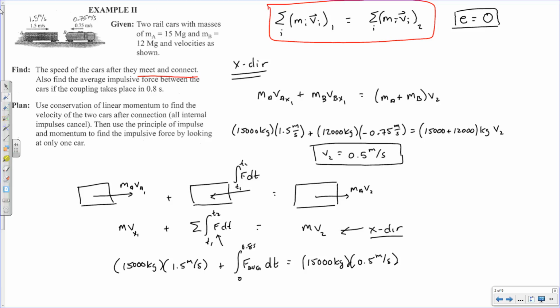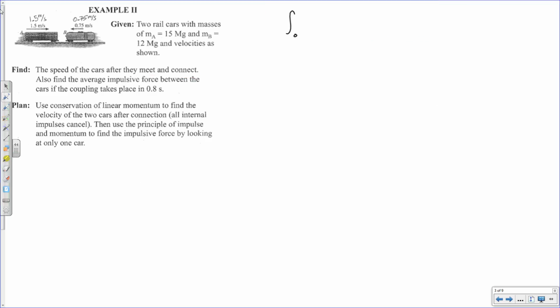Again, this is positive because we determined that the two objects shuffle off together towards the right, which is the positive direction. So solving for this, we recognize that bringing 15,000 times 1.5, subtracting that from the right-hand side, we're left with, on the left-hand side, we still have 0 to 0.8 of our average force.